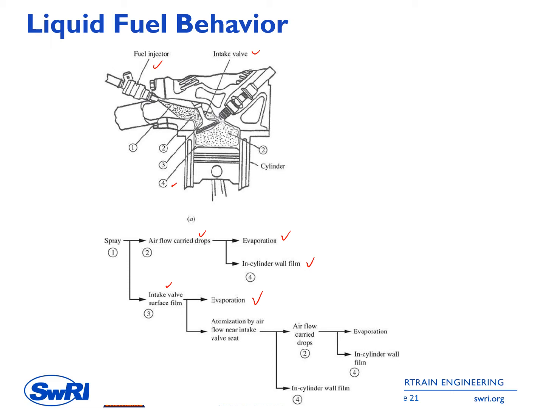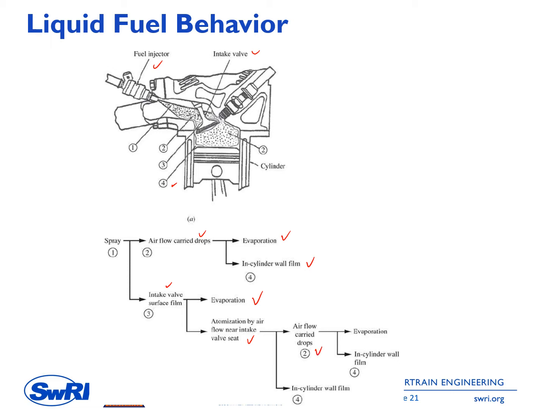The other surface film will be atomized by the airflow, because there is direct contact between the airflow and the liquid film, so there will be atomization as well. Some of this atomized fuel will be carried by the airflow entering the cylinder.